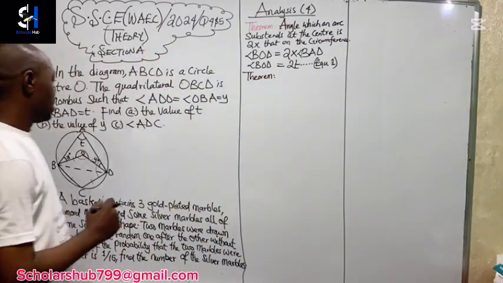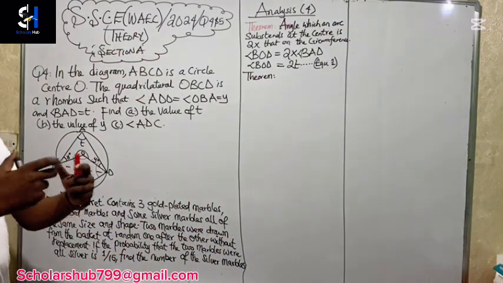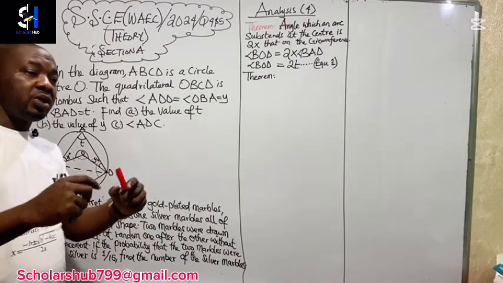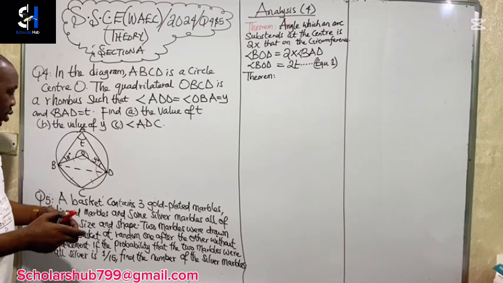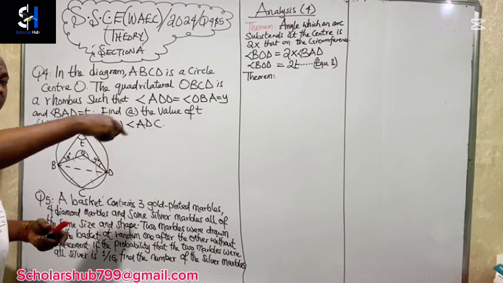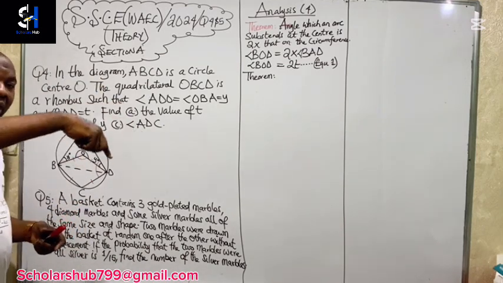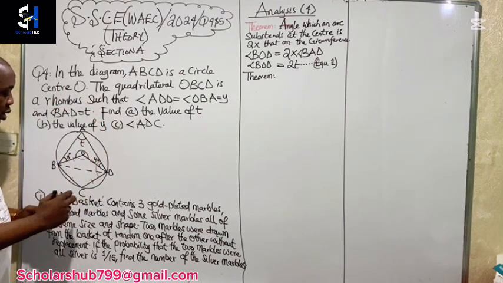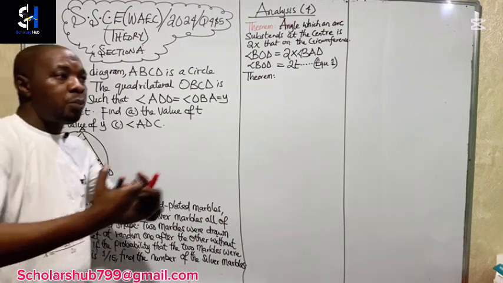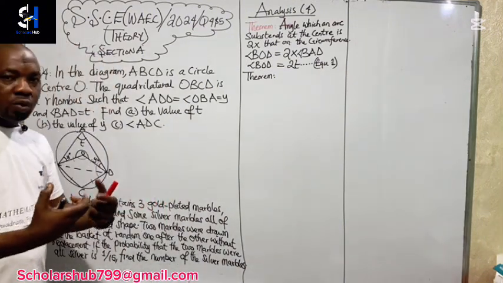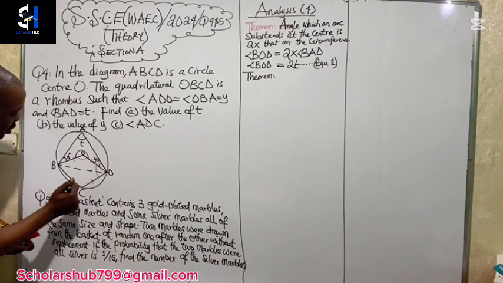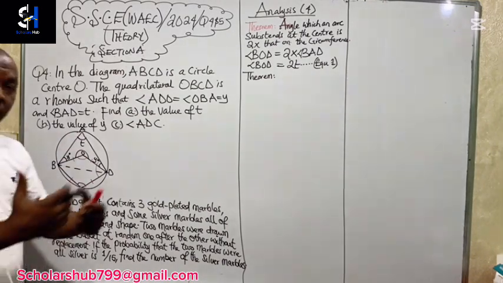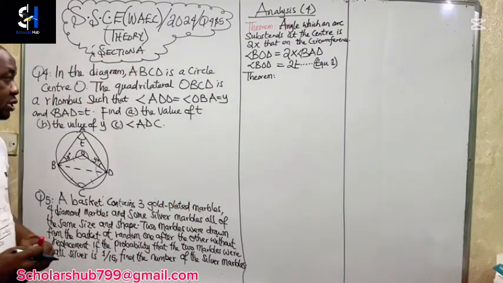Another theorem we're going to use in this case is the theorem about a cyclic quadrilateral. It says that when we have a quadrilateral inscribed in a circle, all 4 vertices lie on the circumference of the circle: A, B, C, D. Now, these are 2 opposite angles: the angle at C and the angle at A. They are 2 opposite angles.